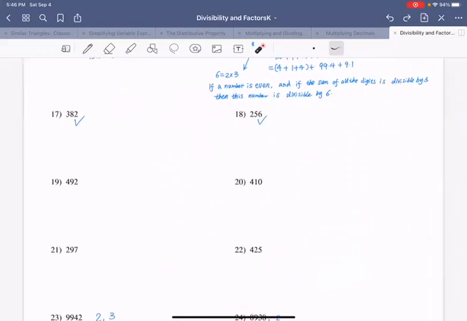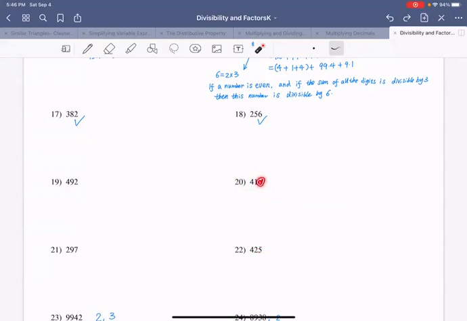All right, here, look at number 20. Tell me this guy is divisible by what? Look for the factor for this guy. 5. Good. If you have a 0 or 5 at the end, it's going to be divisible by 5.